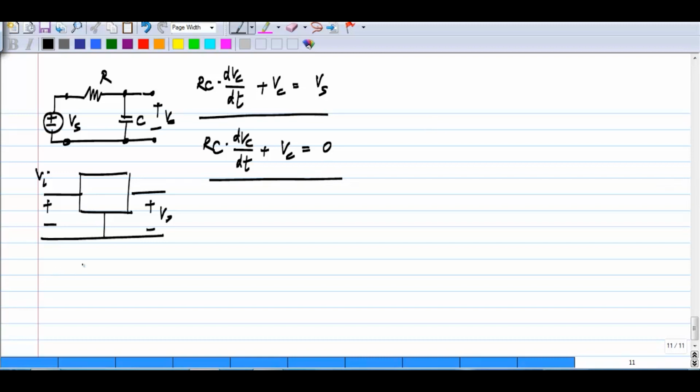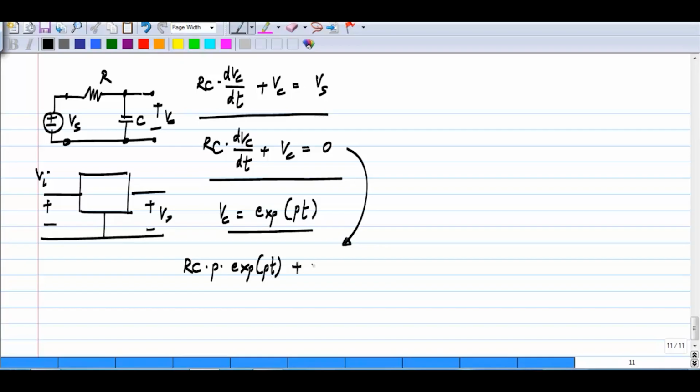Now, if you assume that Vc is some exponential p times t, substituting it in here, we get Rc times p times exponential pt plus exponential pt equals 0. We can have a coefficient V0 here, and that doesn't change anything. V0 appears in both places.